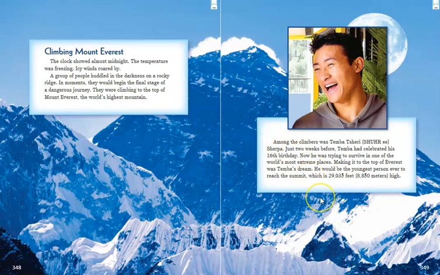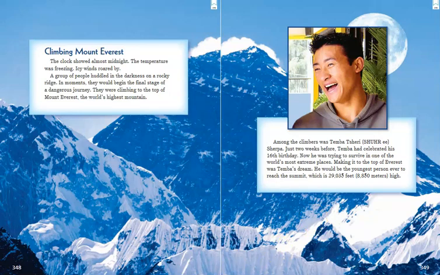Sherpa. Just 2 weeks before, Temba had celebrated his 16th birthday. Now he was trying to survive in one of the world's most extreme places. Making it to the top of Everest was Temba's dream. He would be the youngest person ever to reach the summit, which is 29,035 feet, or 8,850 meters high.